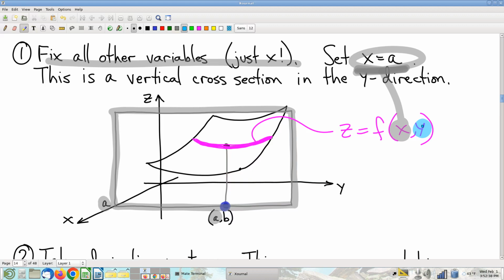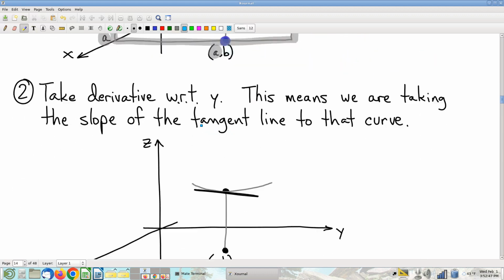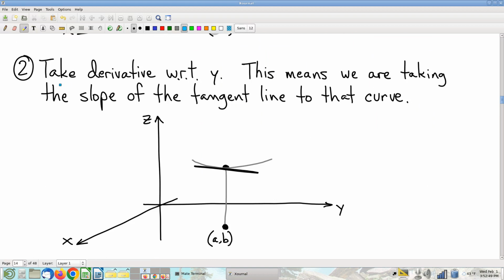Okay. Next question. Next step. Having fixed x, interpreting our single variable function like that, what do you do when you take the derivative with respect to y? What does it geometrically mean when you take the derivative with respect to y? Well, single variable function, derivative is the slope of the tangent line.